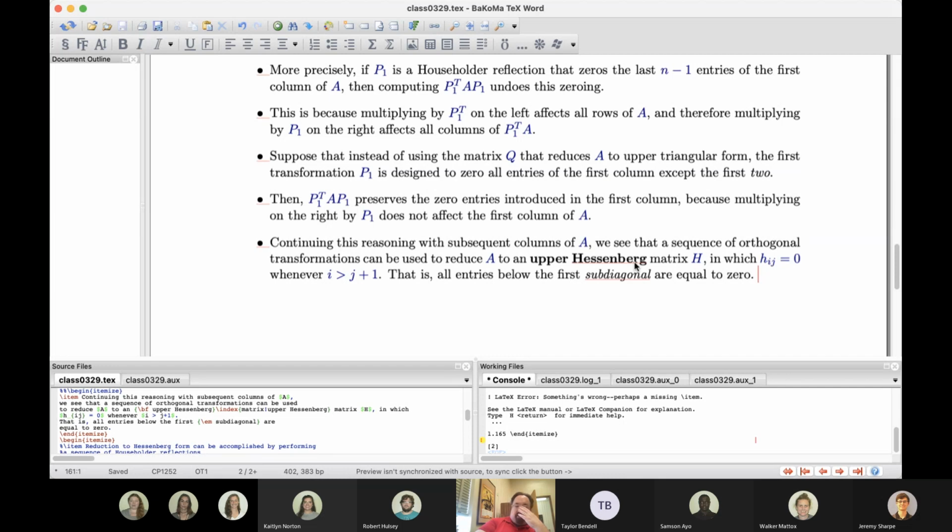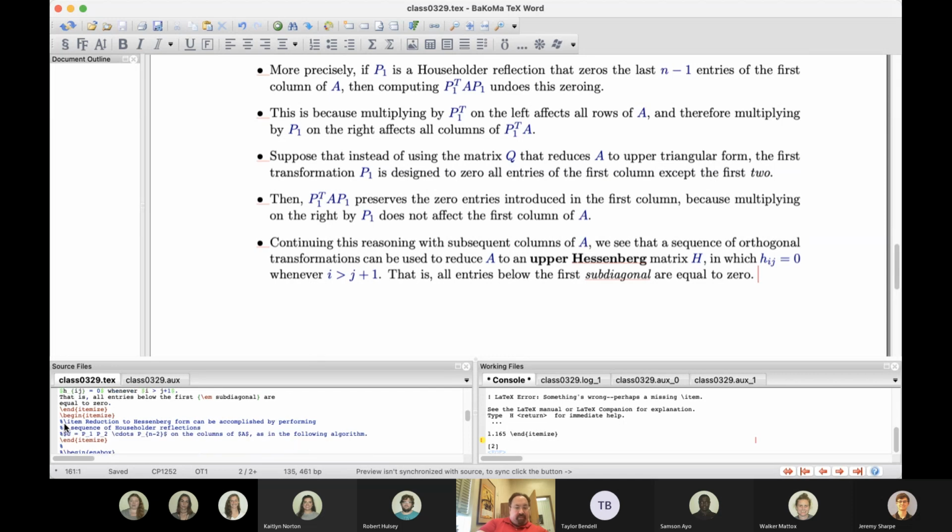A Hessenberg matrix is similar to an upper triangular matrix. In a Hessenberg matrix, H_ij is 0 if i is greater than j plus 1, whereas in an upper triangular matrix, it's 0 whenever i is strictly greater than j. So we have everything in the upper triangle, and one subdiagonal that has non-zero entries. Everything below that must be 0.